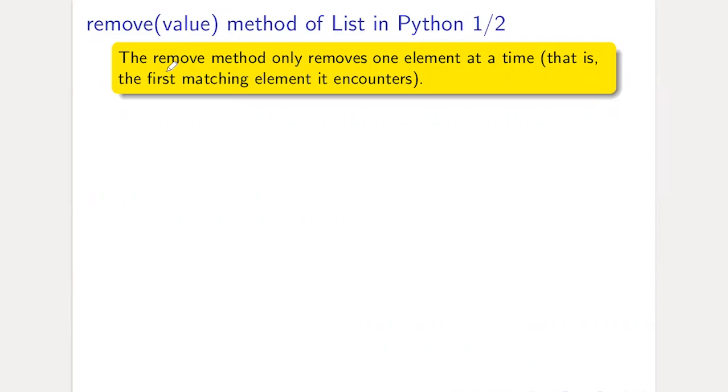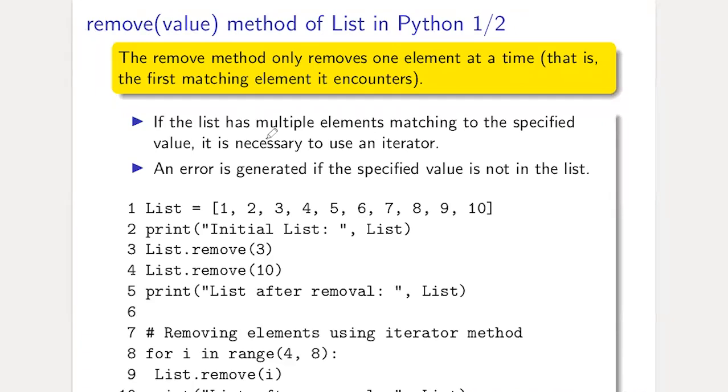So we can also remove items one at a time. Let's see how that happens. When you take a list, for example, I have this example here, 1, 2, 3, 4, 5, 6, 7, 8, 9, 10.